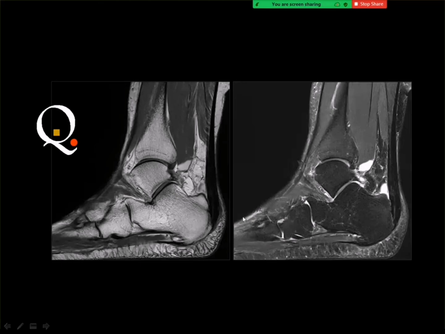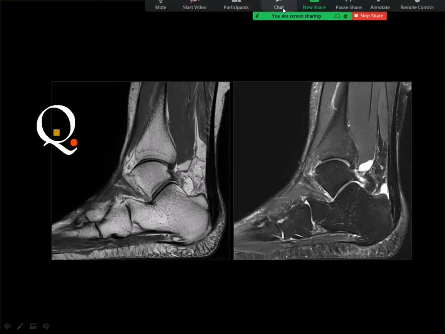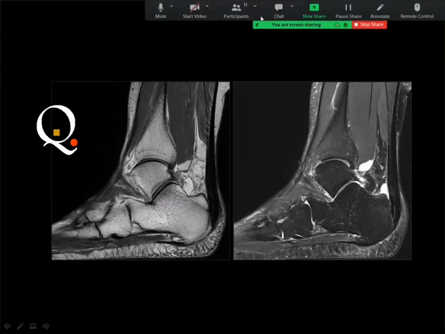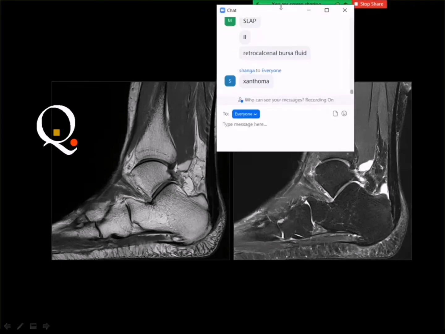And this is MRI of the ankle, T2 and STIR images. Tendinosis, no. In tendinosis, the tendon is markedly enlarged, but this tendon is slightly swollen.